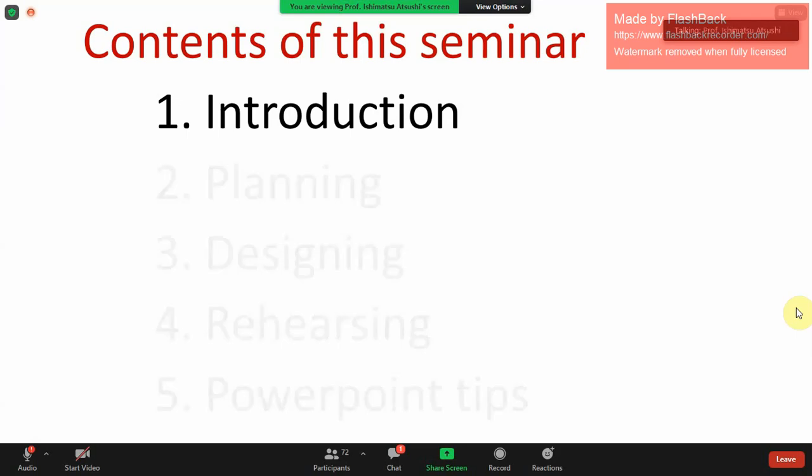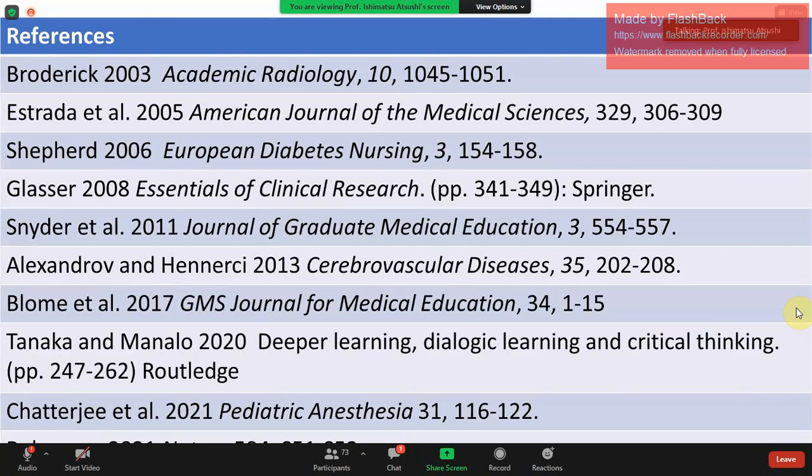Okay, introduction. In order to prepare this seminar, I read some publications. These are the selected references I have read. And one thing you would notice, if you look at the journal names in italic, is that most of them are medical journals.